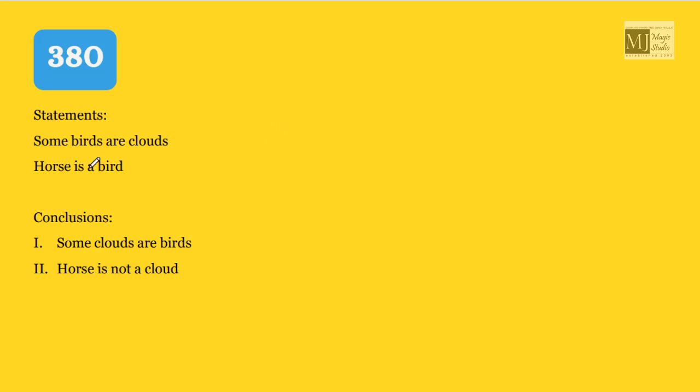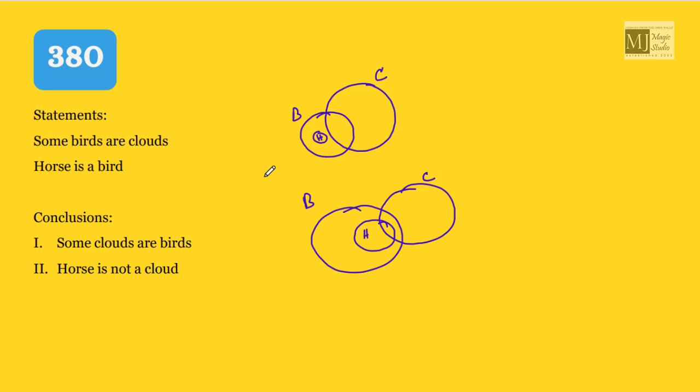Question number 380. Statements: some birds are clouds. Conclusion 1: some clouds are birds. Yes, some clouds are birds, and here also some clouds are birds. Conclusion 1 follows. Conclusion 2: horse is not a cloud.